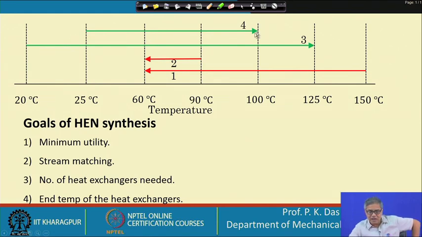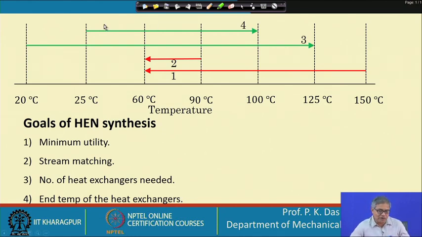So, let us say instead of these 4 and 3, 2 hot streams, we have got only one hot stream, which we call the superheating stream or composite hot stream.